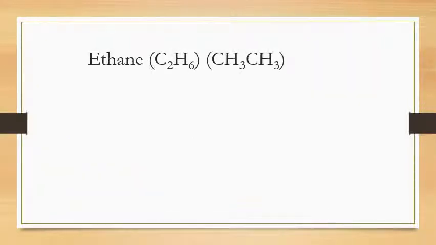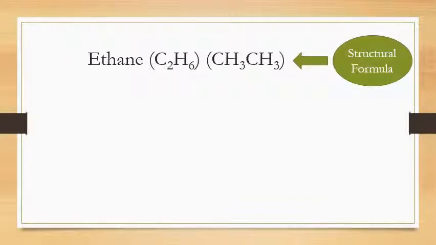The next one is ethane, also used in natural gas. It has a molecular formula of C2H6, and also now a structural formula. The structural formula just tells you how the atoms are arranged.